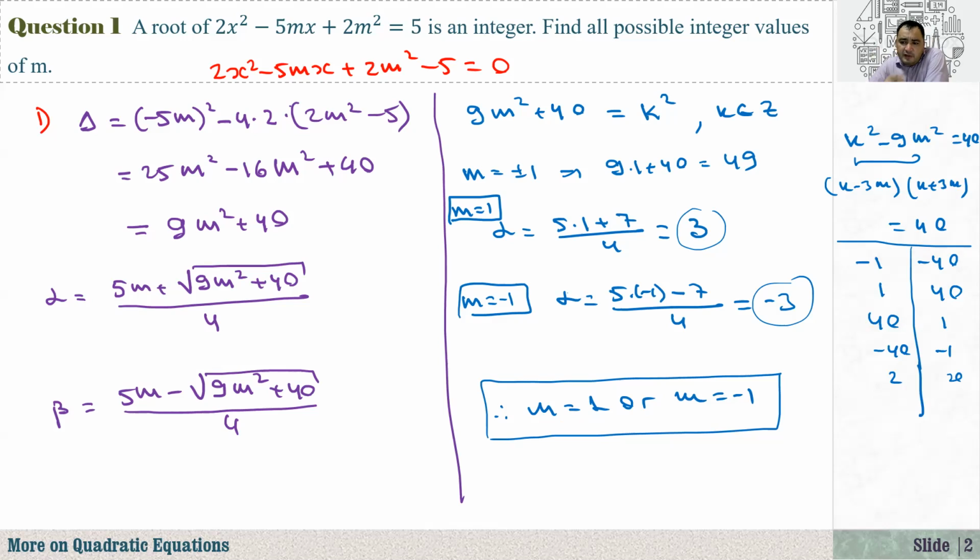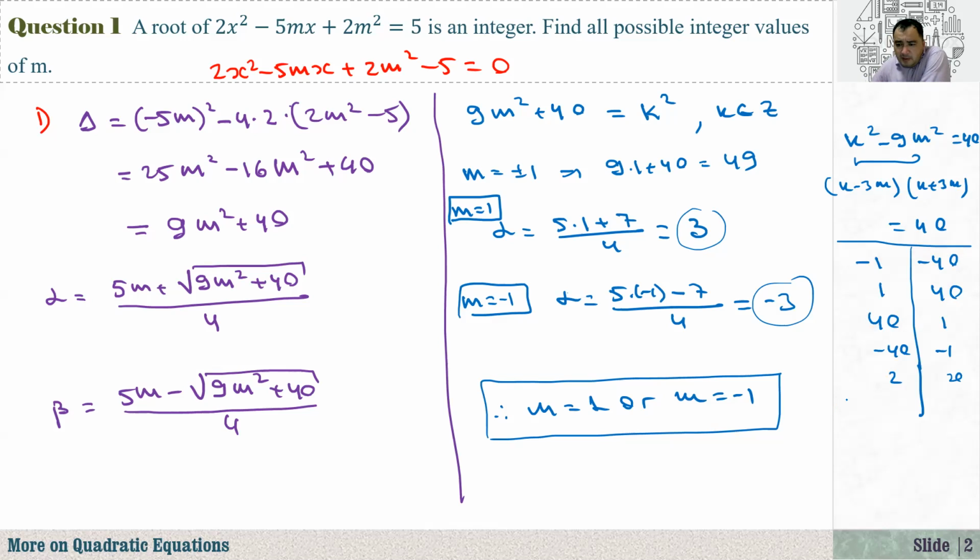To find m, we need to subtract. If you subtract these equations, we get 6m on the left-hand side, and on the right-hand side the difference of these numbers, like 41 or minus 41. Actually, none of them is divisible by 6, so it does not give us an integer value of m.